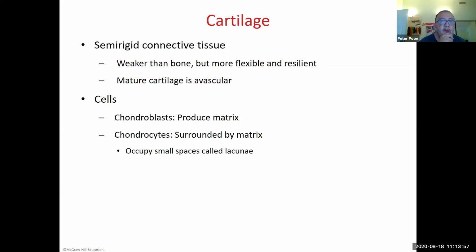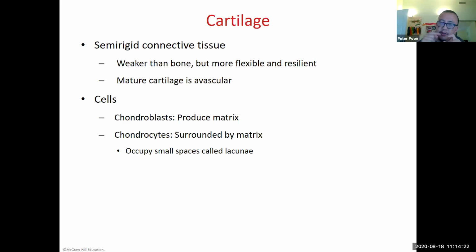Okay, so cartilage is semi-rigid connective tissue. It is weaker than bone. The best example of looking at this is, go to your local butcher or even KFC, buy chicken, take apart the meat, and then you can look at the cartilage and bone.